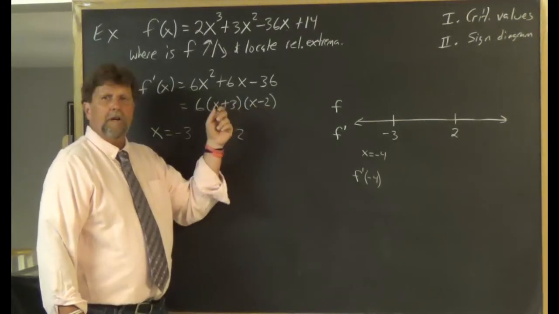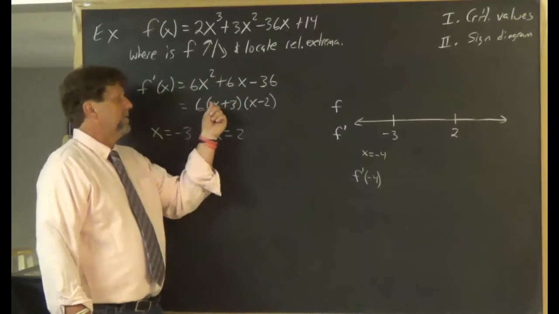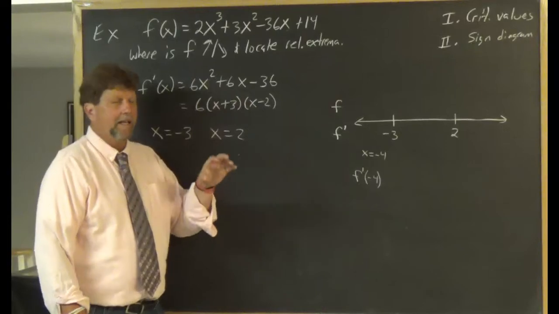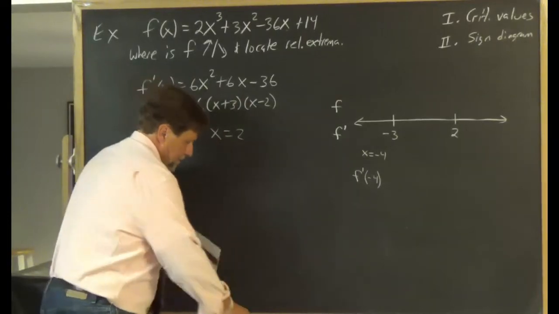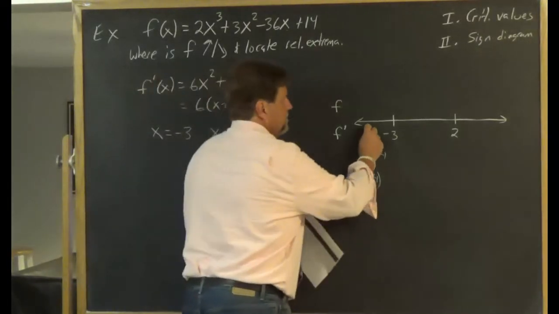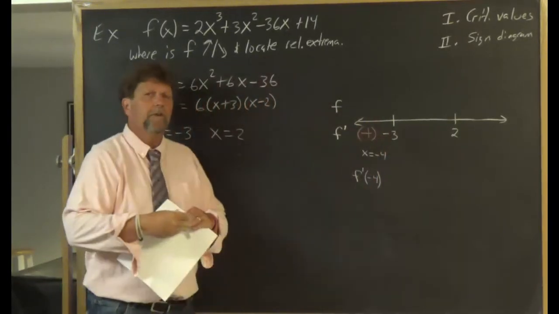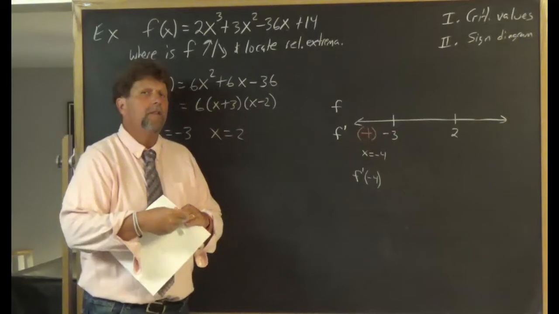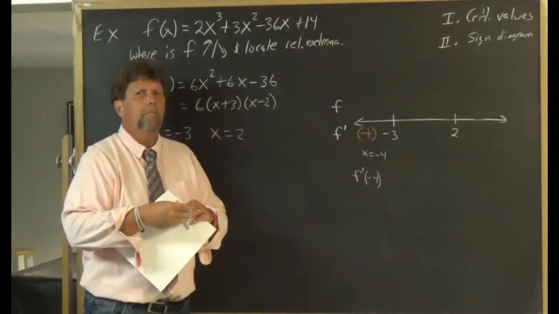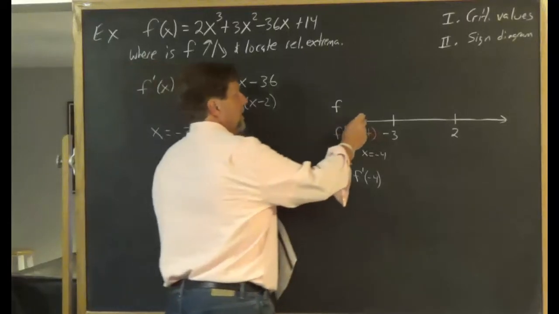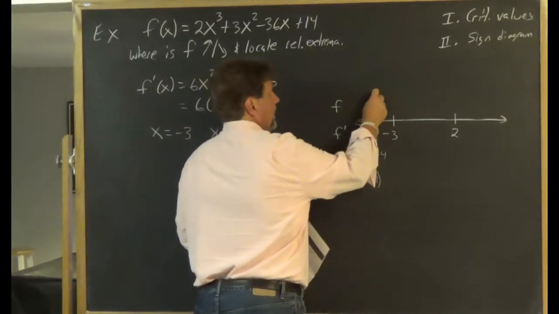So when -4 comes in for x, I would have a positive times a negative times a negative. That is positive. So on the interval -∞ to -3, the derivative is positive. That tells me the function is increasing.